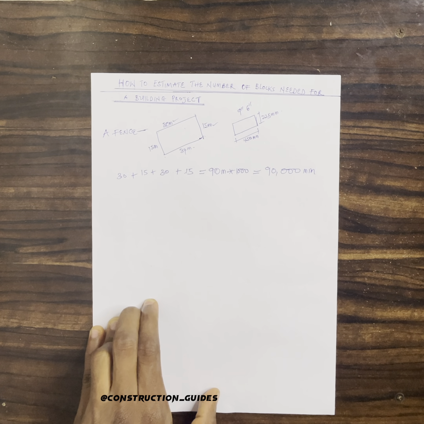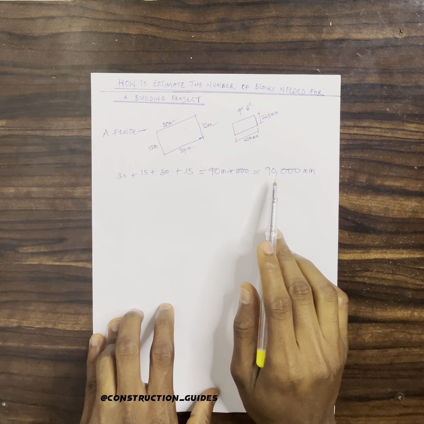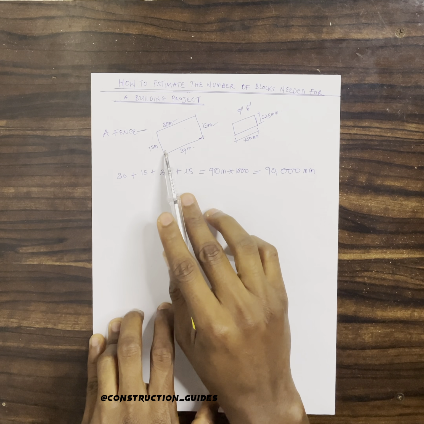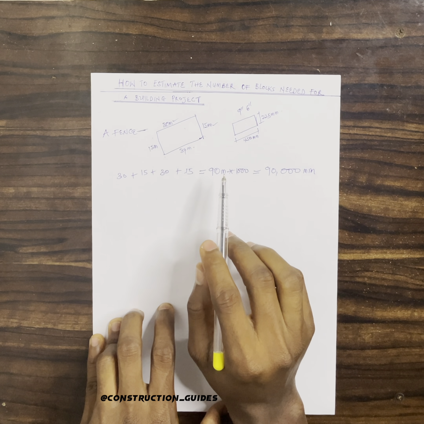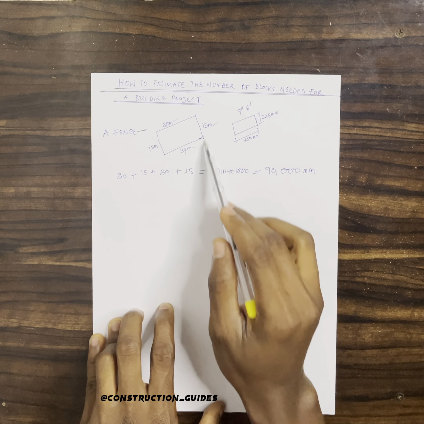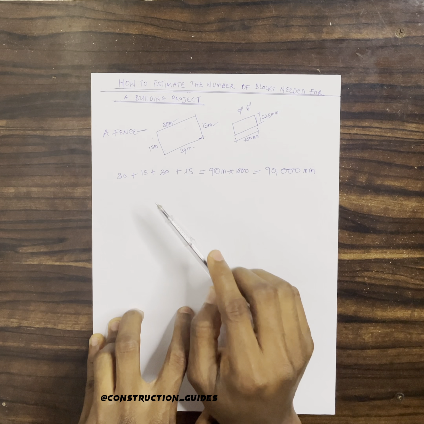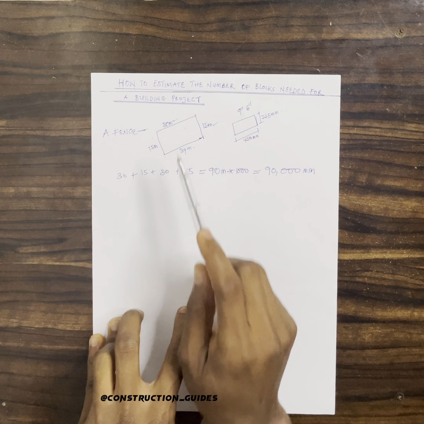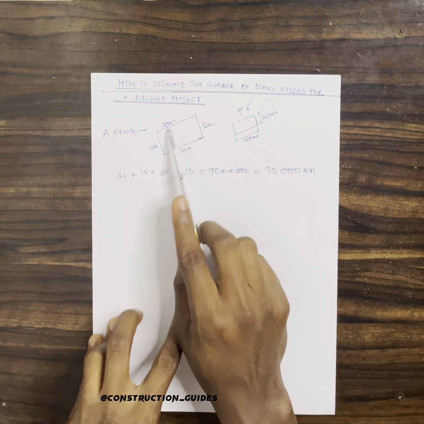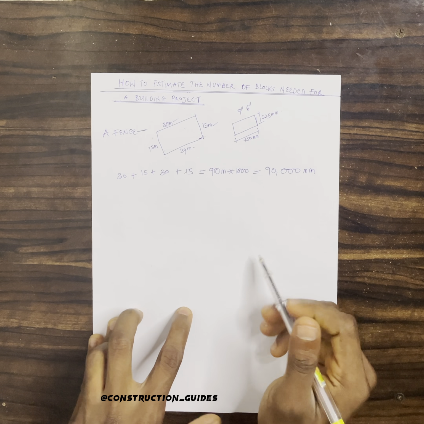Now, for you to get what this fence will take, first you need to calculate what one course will take. Then you multiply by the number of courses that you want to do on this fence. Let's say you're doing a simple fence, no block pillar designs or whatever.